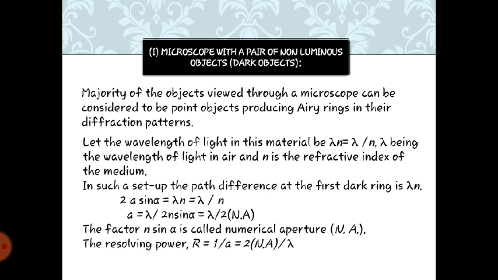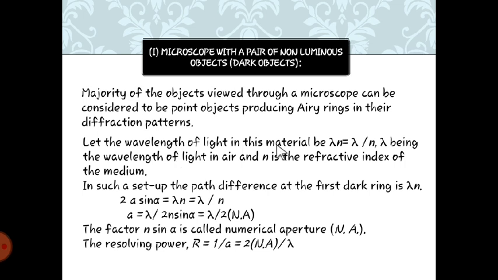The majority of objects viewed through the microscope can be considered to be point objects, producing Airy's rings in their diffraction pattern. How Airy's rings are formed, we have seen in the previous lecture, where a red laser beam is passed through an aperture and gives rings.